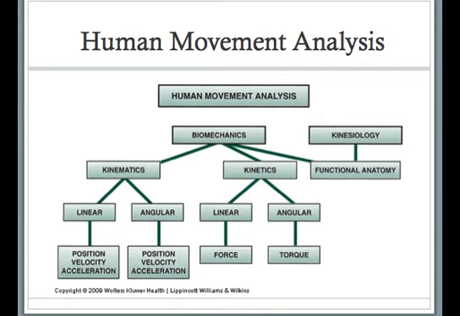You can see following down the kinetics graph that it leads to discussions about force and torque. Those are the forces that actually cause the body to move. So again, kinematics do not focus on the forces, they just focus on the movement. Kinetics focus on the forces that cause the movement. Biomechanics also relates to that idea of functional anatomy that is directly related to the study of kinesiology.